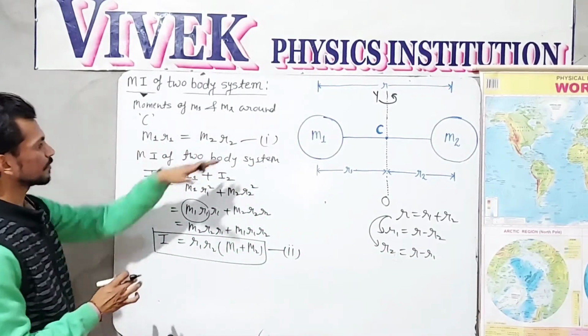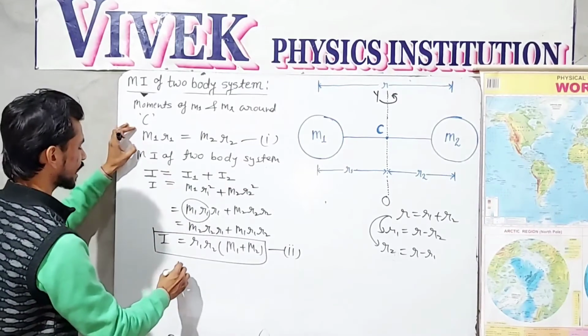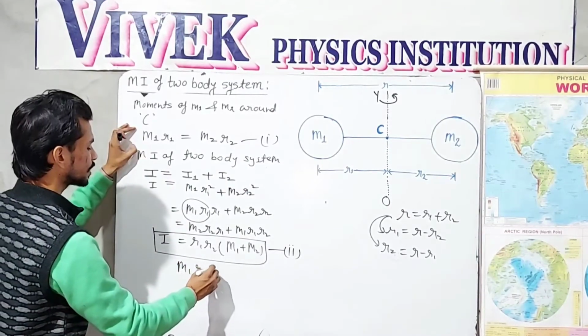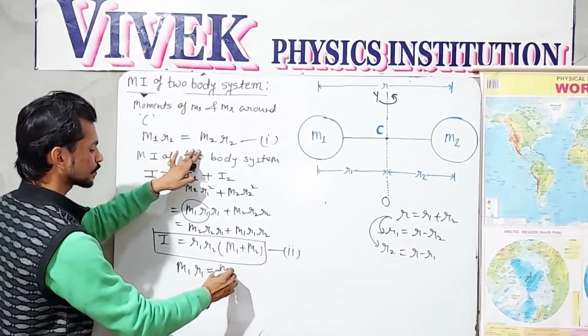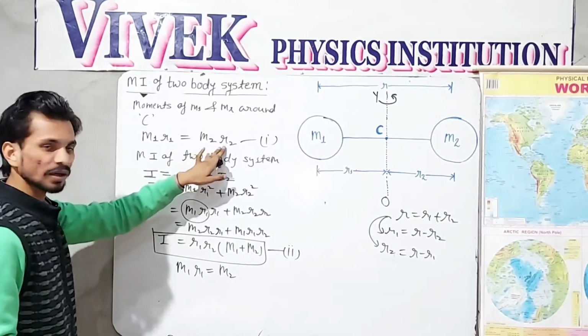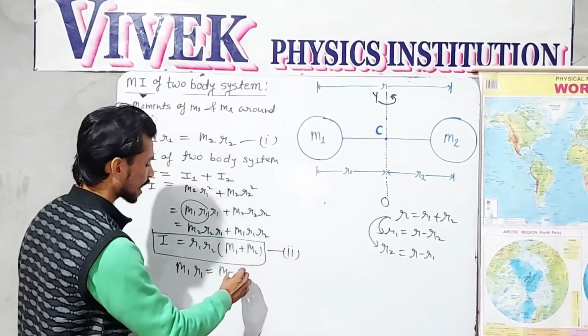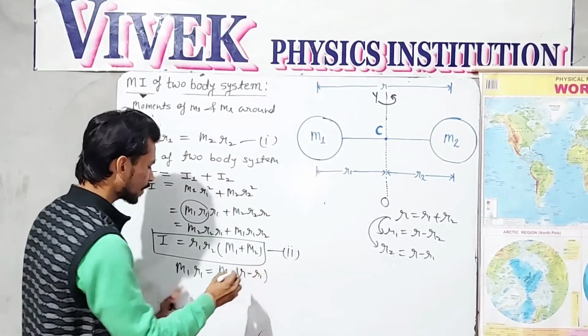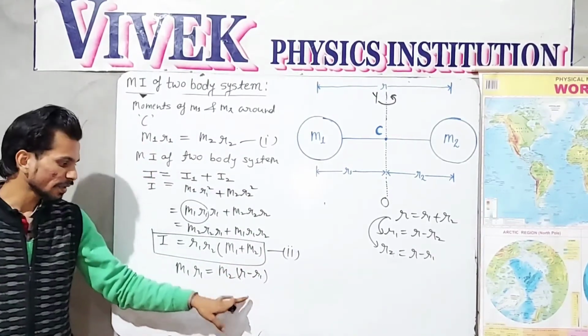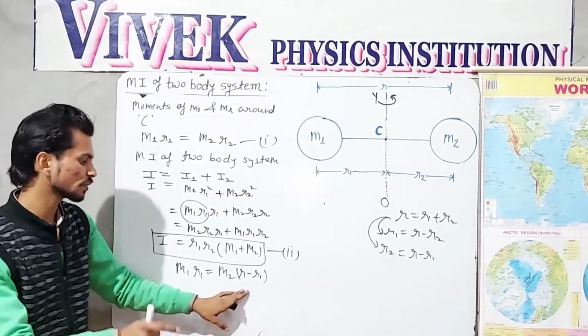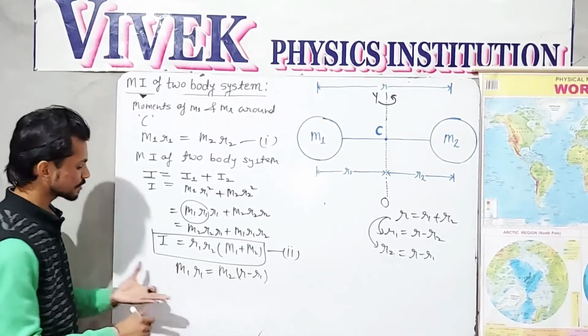So let's say by using equation number 1, I can put m1 r1 equals m2 times what? What is the value of r2 from this equation? This is r minus r1. Why am I doing so? I have made this equation all in terms of r1. Let's solve this equation.